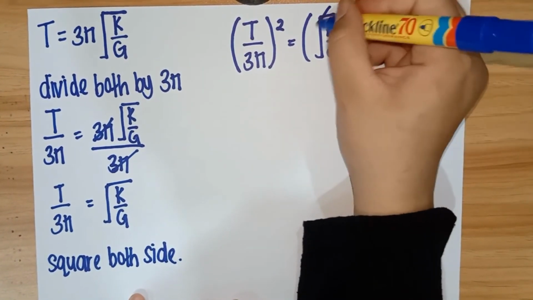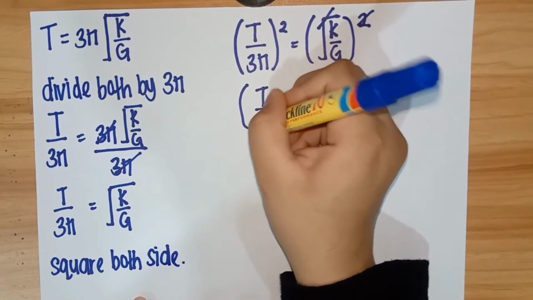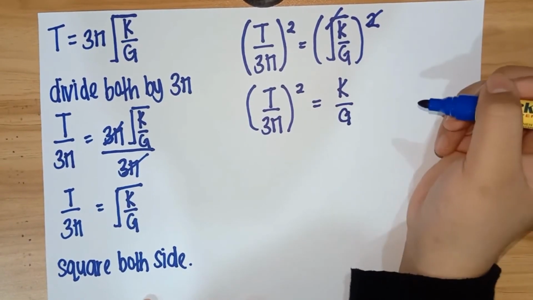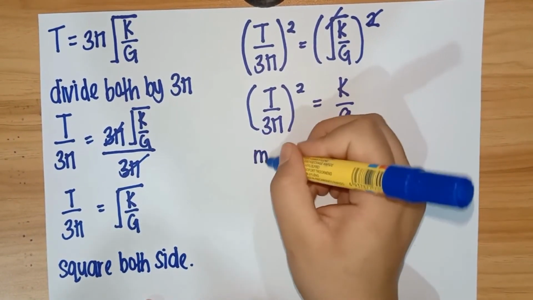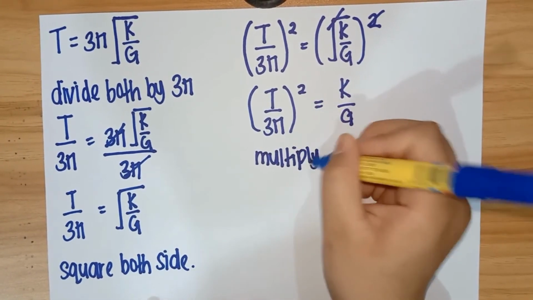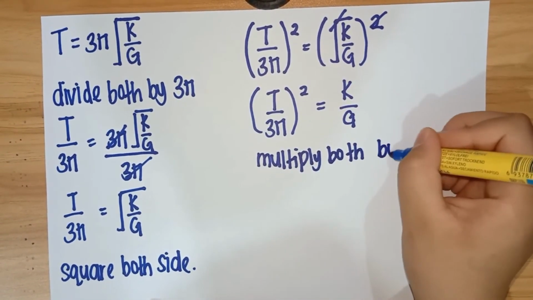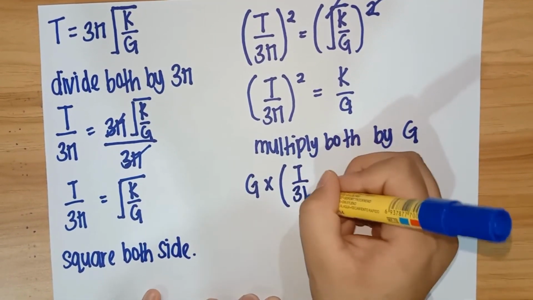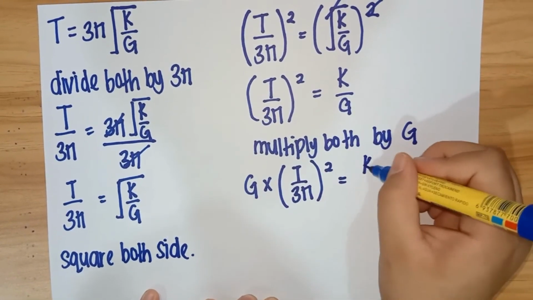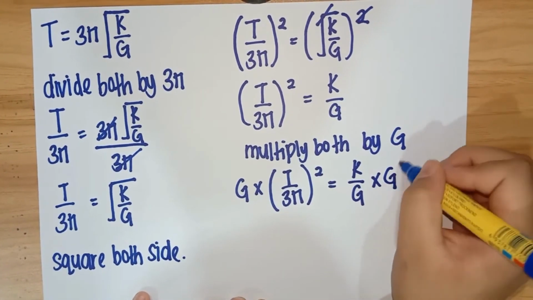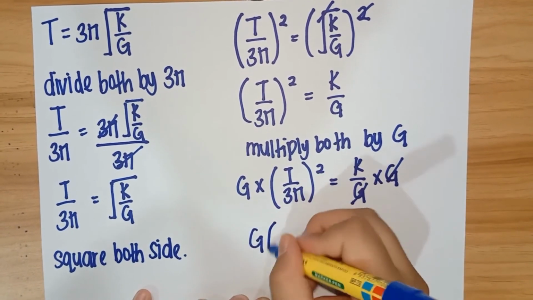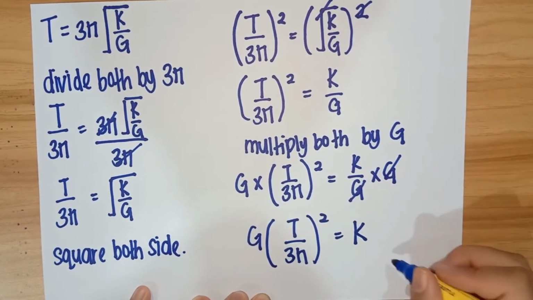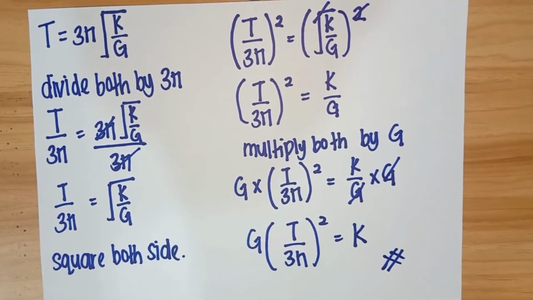Hmm, so we can cancel out the power and the root, and we get T over 3 pi, all squared, equal to K over G. So we need to move G to the left hand side, so we multiply both sides by G. Now we can cancel out the G at the right hand side, so we get G bracket T over 3 pi squared equal to K. So that's the final answer, as K has remained as the subject.